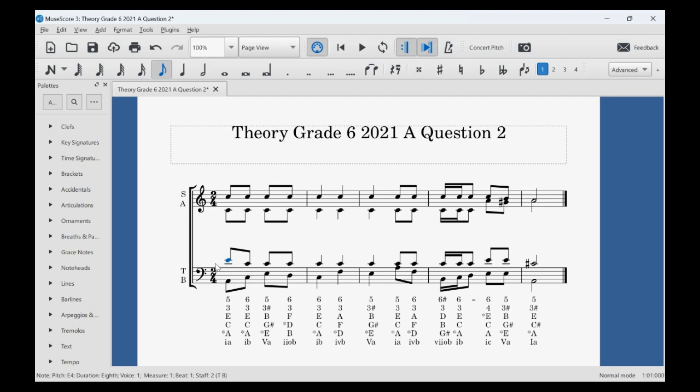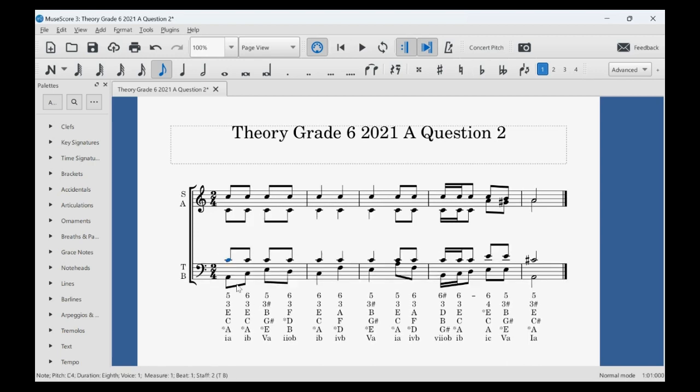Your tenor has a range from A to G sharp. A to G sharp. And then the alto is pretty limited. It has got the E to A range. So likely we wouldn't start that high.